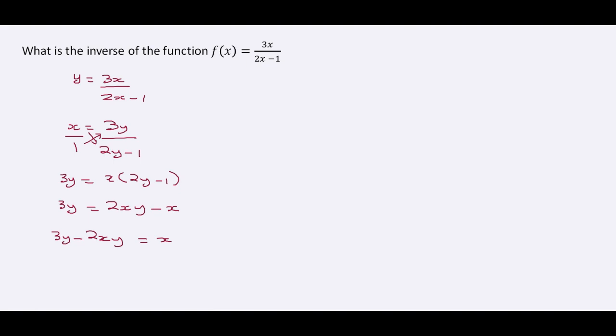Now we're going to figure out a way to get y to stand on its own. That will happen by factoring the left hand side. So we have y times 3 minus 2x equal to x. Actually, this should be negative x. So that's negative x.